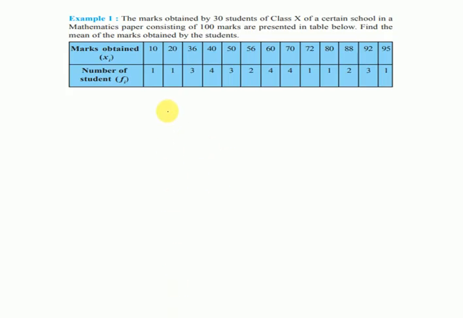Here is example 1. We will solve it by the direct method. It says these are the marks obtained by 30 students of class 10th in a 100 marks paper. You can see marks obtained 10, 20, 36 and so on, and number of students 1, 1, 3, 4, 3, 2.